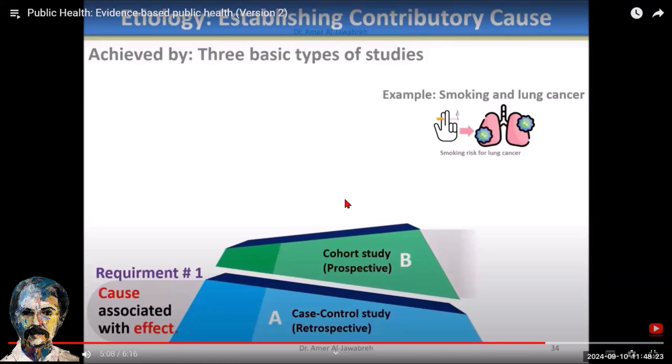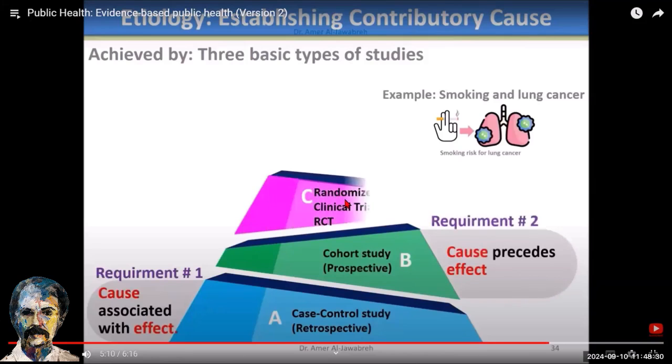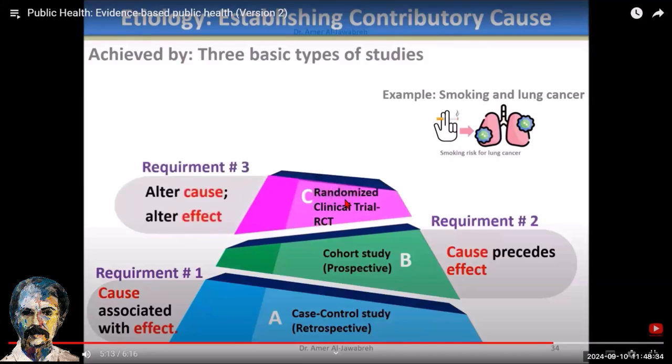Cohort study. If you succeed, then we go to the higher one, the best, which is the RCT. This is for requirement 2. Requirement 3 is mainly in the lab, because you are going to remove nicotine or remove smoking and see how the cancer cells behave. So we go to something called randomized clinical trials, RCTs.